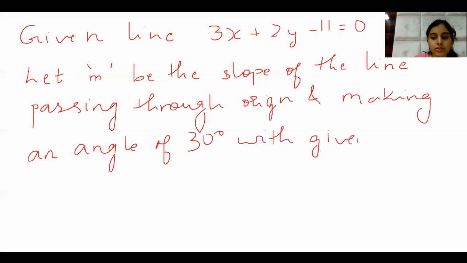Okay, so we have taken another line whose slope is m, passing through the origin, making an angle of 30 degrees with the given line.